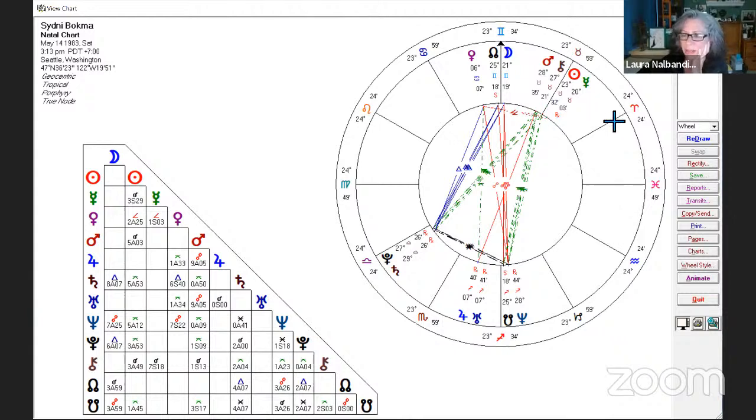That is the angle. So it is a new phase, or it is if I then subtract it from the 360, because I'm going backwards, I know that it's balsamic. So if I subtract 8 degrees, 32 minutes, I'm just doing a shortcut here, we're looking at a very late balsamic phase of 351.28, something like that.